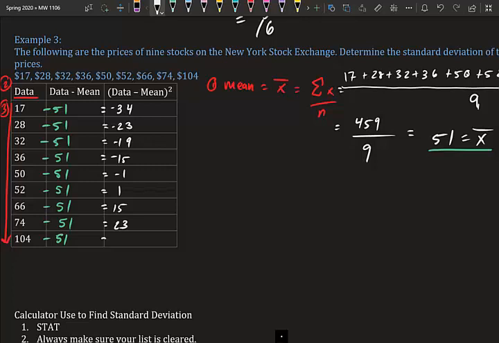And 104 minus 51 is 53. So that was our fourth step, was to subtract it. Now our fifth step is to square it. So we're going to square each of these.